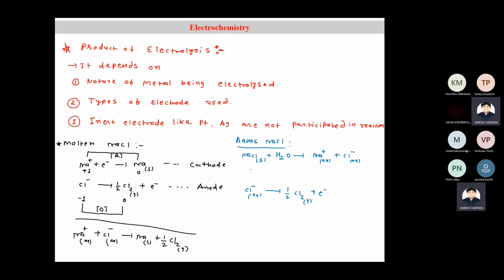Instead of Na plus, H2O undergoes reduction. By gaining one electron, it gives hydrogen gas as the product, 1/2 H2 plus OH minus to balance the charge on both sides. This is the reaction at the cathode, and at the anode, this one.